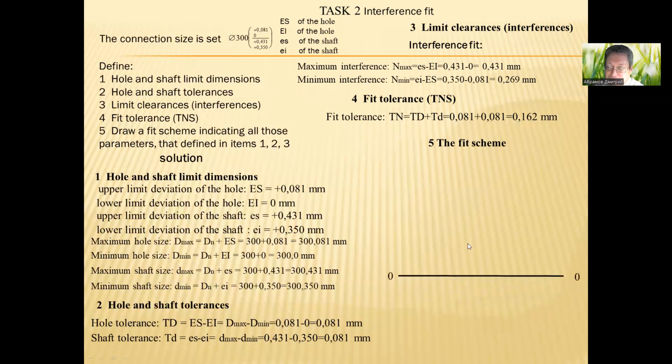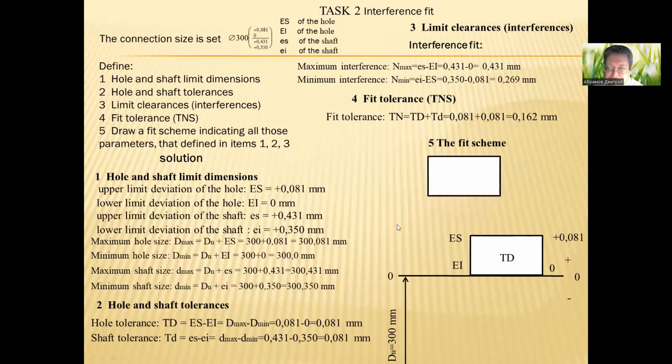We draw the zero line, plus minus, nominal diameter 300 millimeters. Tolerance field of the hole, upper limit deviation plus 0.081, lower limit deviation 0, and tolerance field of the shaft, small td.